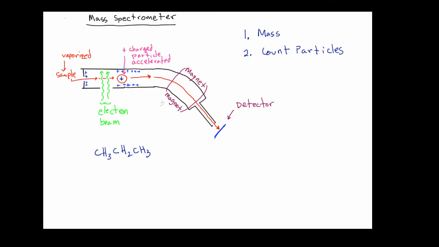When we're learning how to analyze the data from a mass spec, it's easiest to look at things that we already know the answer to. So we can calculate the molar mass of propane, all right, and the molar mass of propane is 44 grams per mole. So when we look at the scan on this, the largest peak we should find in the scan should have a molar mass of 44.